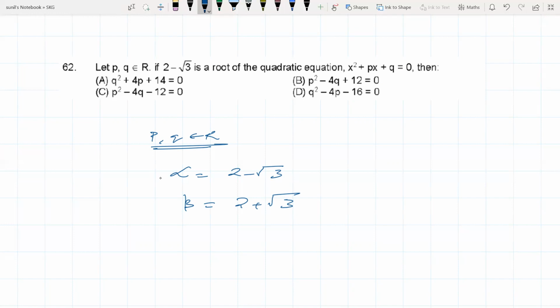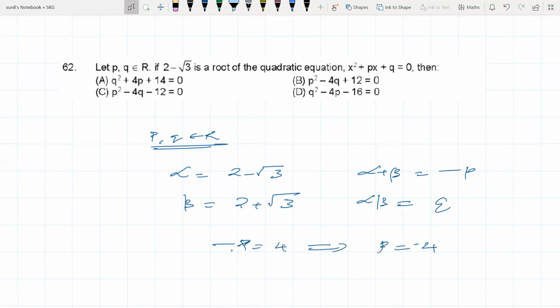From the equation we have alpha plus beta equal to minus p, alpha into beta equal to q. So the sum of the roots is 4, that means p equal to minus 4.